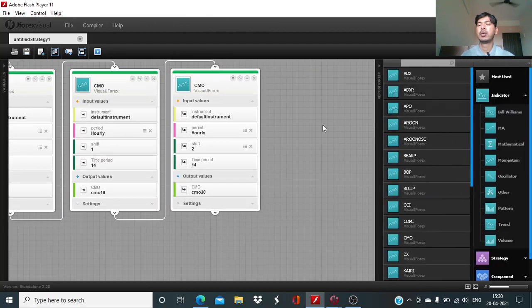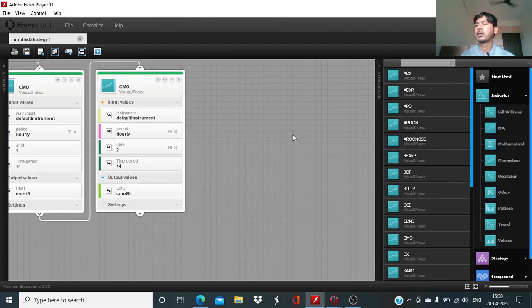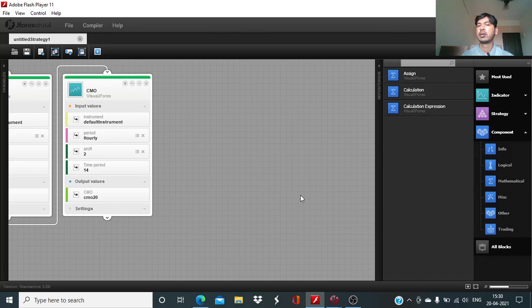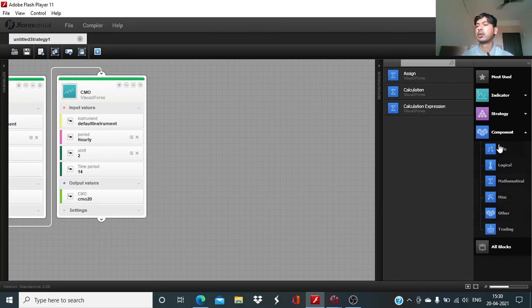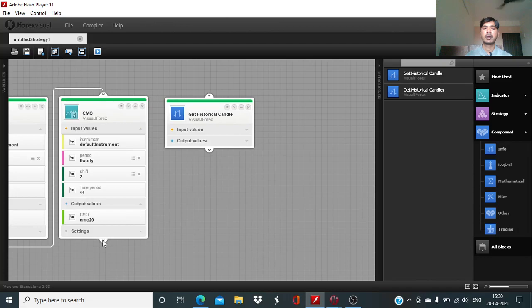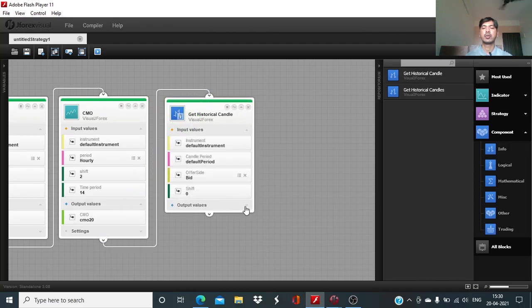Now I will have to turn my attention to the historical candle data, components, logical. One of get historical candle for last hourly price action.